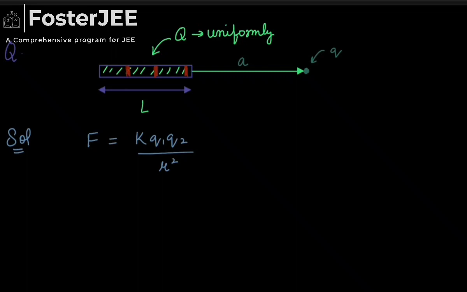Suppose these charges are equal, so are the lengths of these red elements. But all these elements are at different distances from this charge. So, which distance should we consider for evaluating the force?